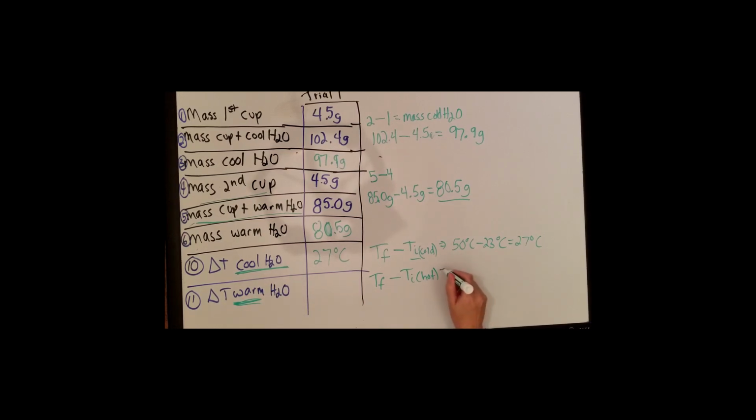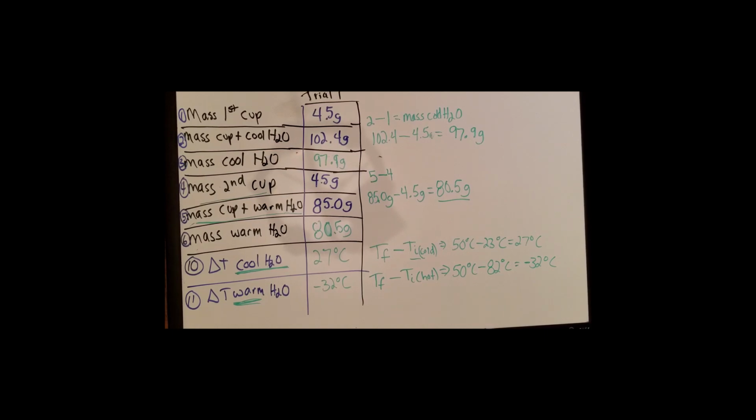Okay, so final temperature is 50. The warm water initial temperature was 82, so we're subtracting 82 here to get a total of negative, notice it's a negative number, so you want to keep that negative sign when you put it in the table, negative 32 degrees Celsius.